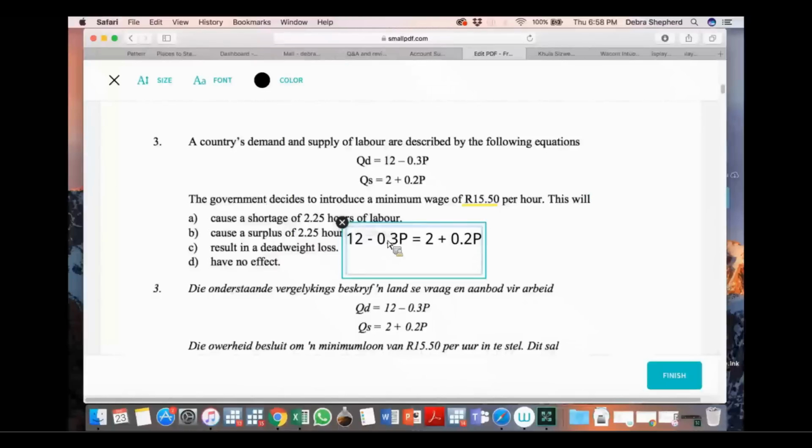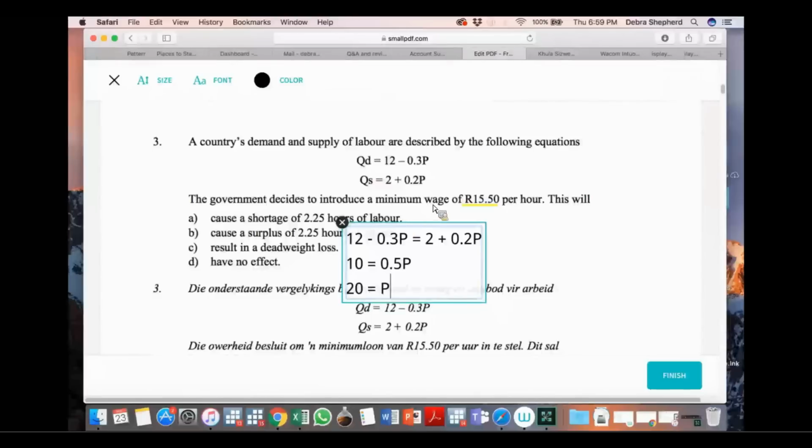If we then take this minus 0.3 to this side and the 2 to that side, we'll end up with 10 equals 0.5 price. We then multiply both sides by 2, so we'll see that 20 Rand is the price. So currently, without any government intervention, the price in this labor market is 20 Rand.